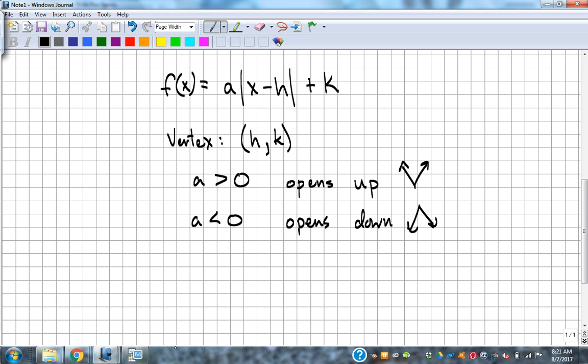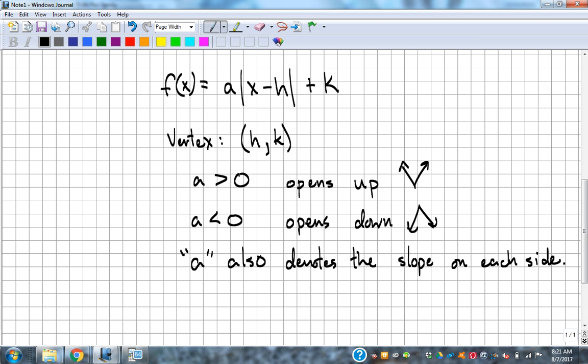That a is also going to denote the slope. It denotes the slope on each side, because with that V, if you start at the vertex, you've got a line going one direction, a line going the other direction. It's like a slope on each side.